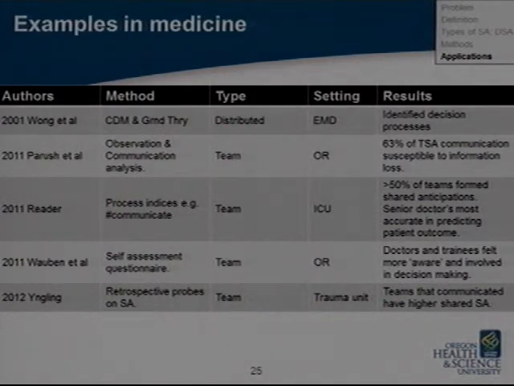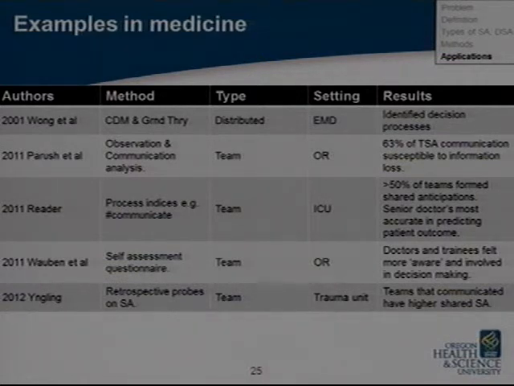So this is just a set of examples in terms of how situational awareness is applied in the medical field. A lot of the different studies I've looked at have attempted to look at team-based situations in the ICU or OR, where they tried to assess what the level of communication is between these agents.